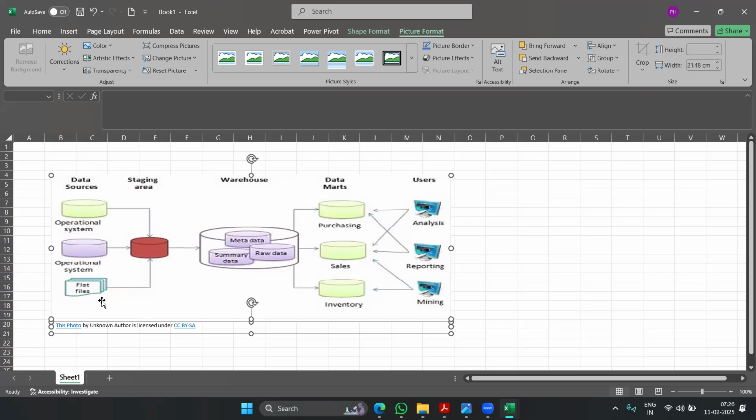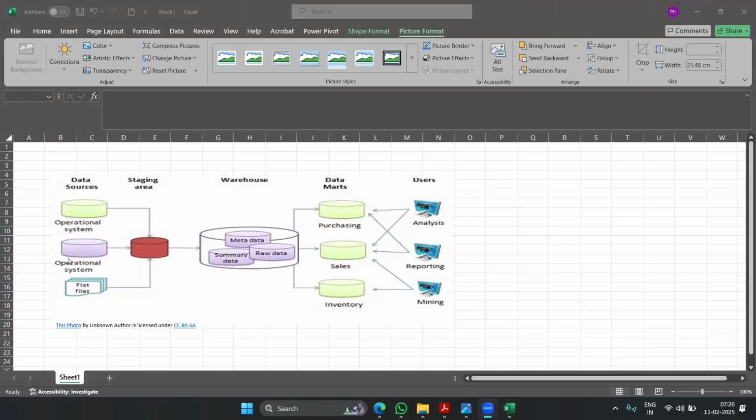With its help, you can store your data securely and in an organized manner in different tables. In the market, we have different databases like Teradata, Oracle, SQL Server. If you are an expert in one database, then obviously you can easily understand other databases also. No doubt about it.